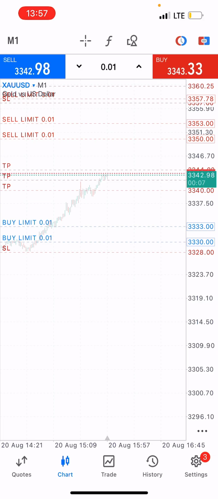Once you hear buy, the lower the number, the lower the risk and the higher the profit, because it's going from down up. So from this one now, we can see that the lower number here is 3330, the higher number here is 3333, right?